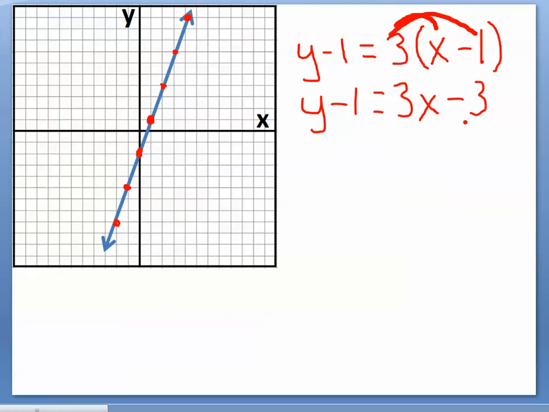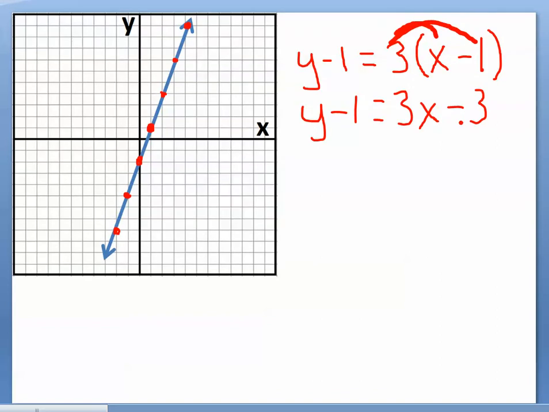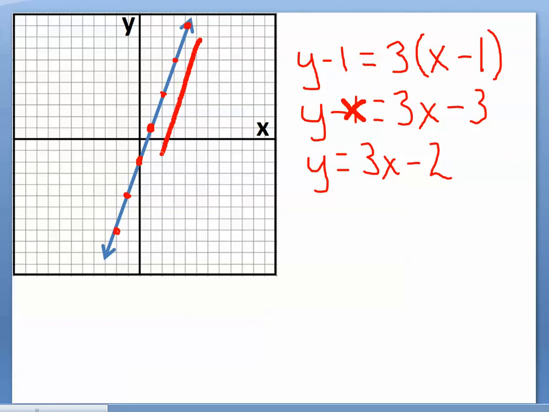Then I'm going to move the negative 1 to the other side. So if I add 1 to each side, this just goes away, and the negative 3 becomes a negative 2. So I wind up with y equals 3x minus 2, and I have the slope of the line here. It's a positive 3, and I'm crossing at negative 2.